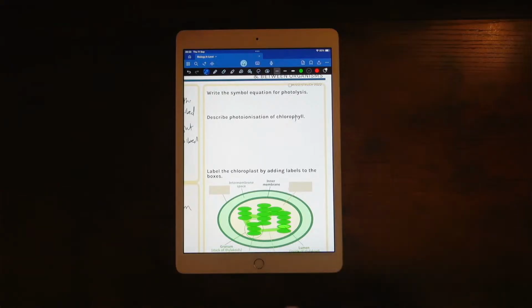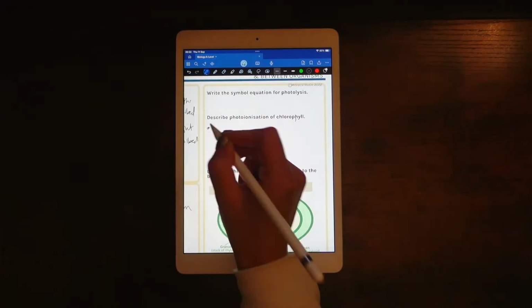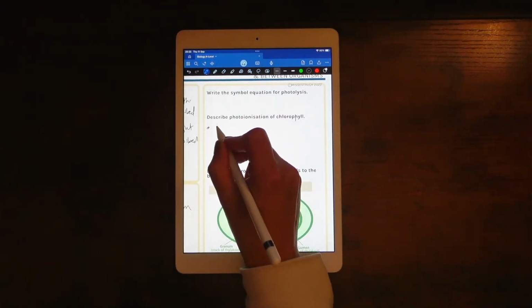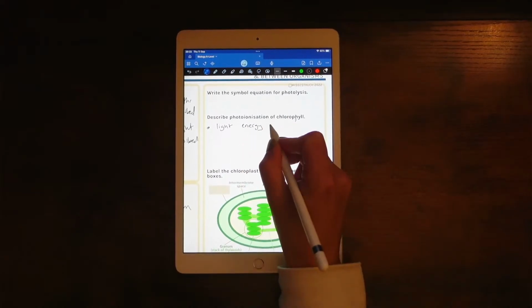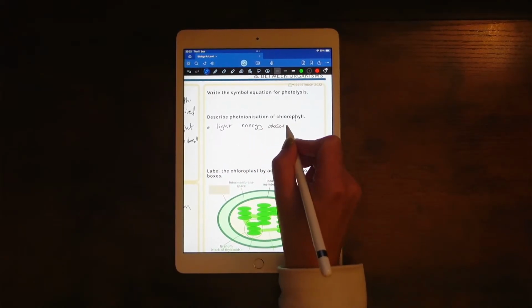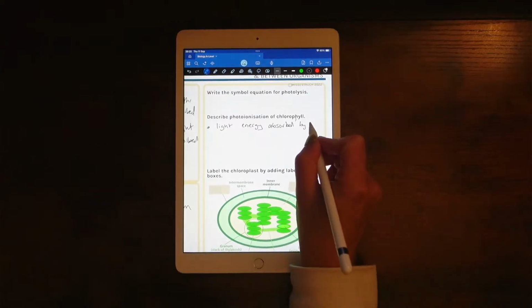Right, let's see. Anyone else got that so far? Oh yeah, move up an energy level. Excellent, George. That is it. So we should have light energy absorbed by chlorophyll.